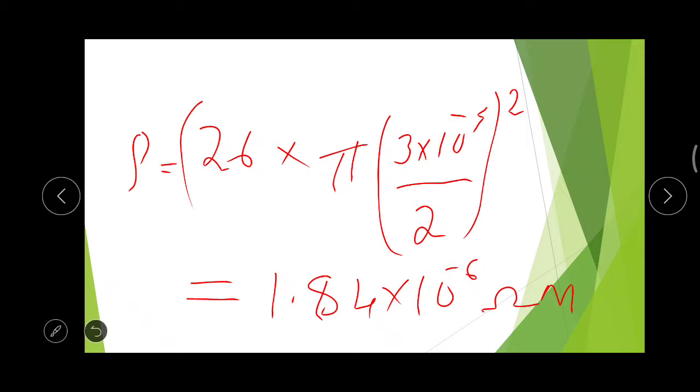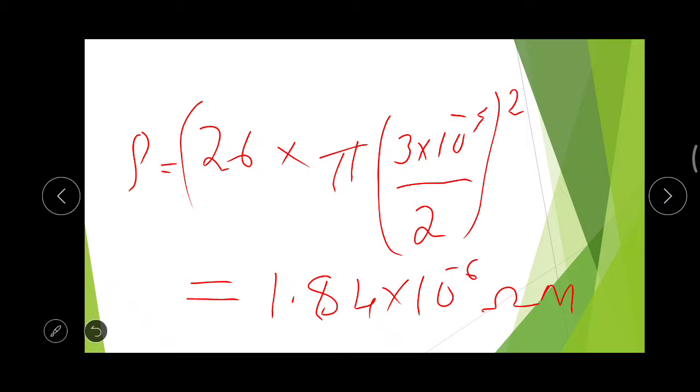In the second part of the question, it is asked to find out the metallic wire by which this material is made, using the value of resistivity. So you just turn your page and take table number 12.2.